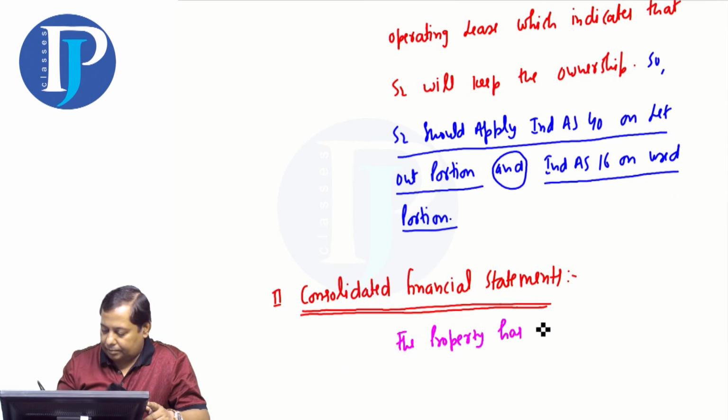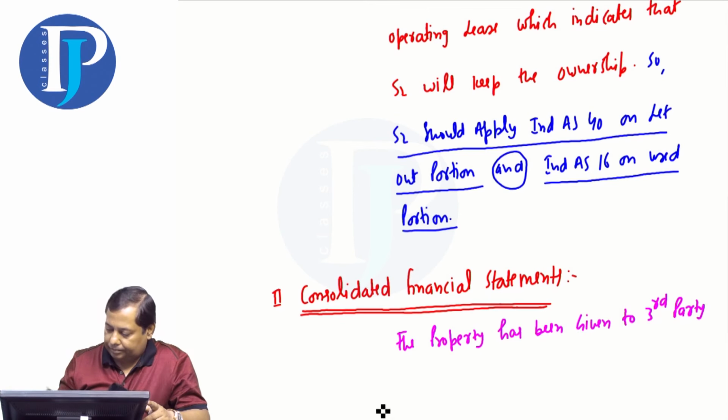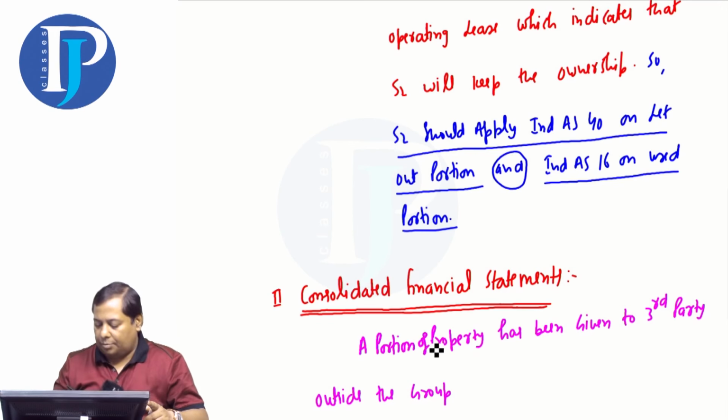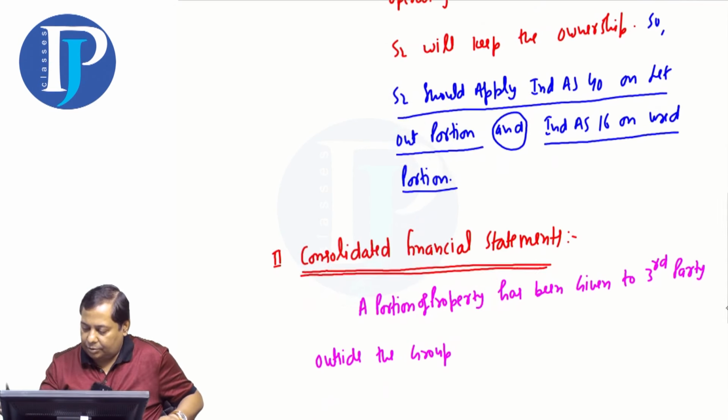This property, we can write that a portion of the property has been given to a third party.